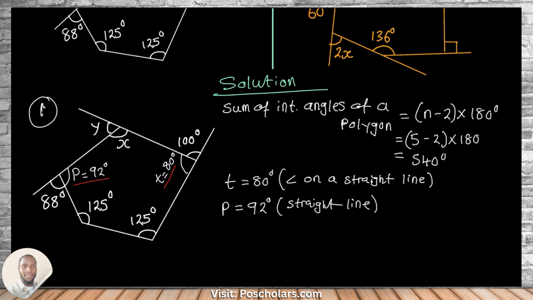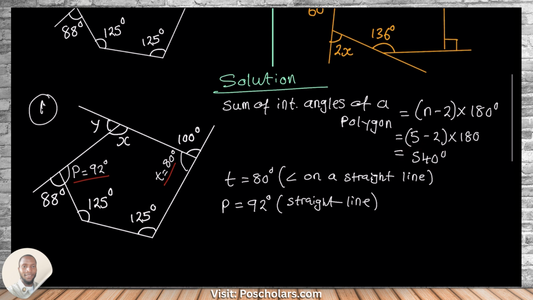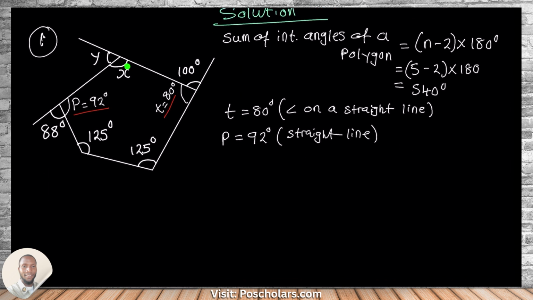But the mission is for us to find the value of what? X. But remember, we already know the sum of interior angle of this polygon, which is what? 540. So what we'll do now is to sum up all these angles and equate it to 540 degree. When we do that, we start with X. So let's go. X plus 80 degree plus 125 degree plus 125 degree again plus 92 equals what? The sum of angle is 540.